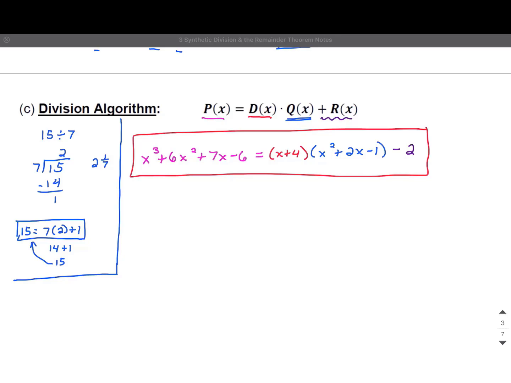Now, there are some notes that I want you to be aware of when we're dealing with synthetic division.